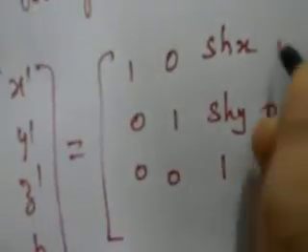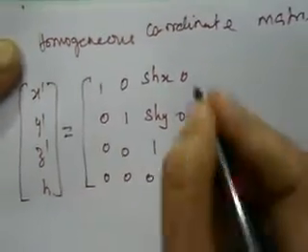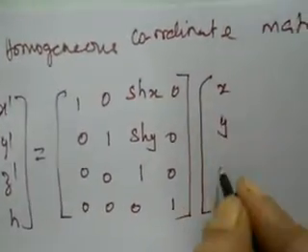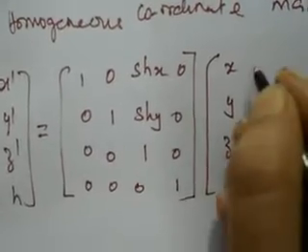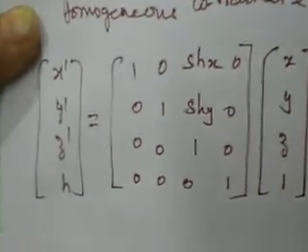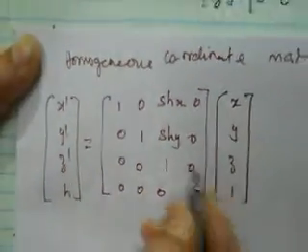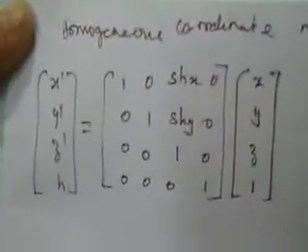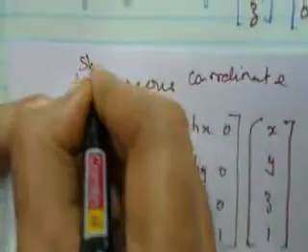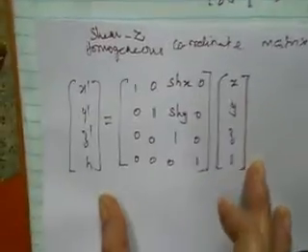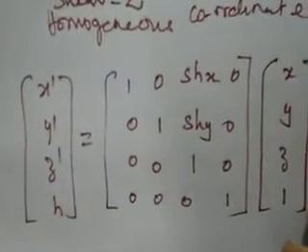Along with that we have to add one more dimension, the fourth dimension. The remaining entries we fill with 0. Now we write the old coordinate x, y, z, and the homogeneous coordinate value 1. This is the homogeneous coordinate representation for shearing with respect to the z axis.